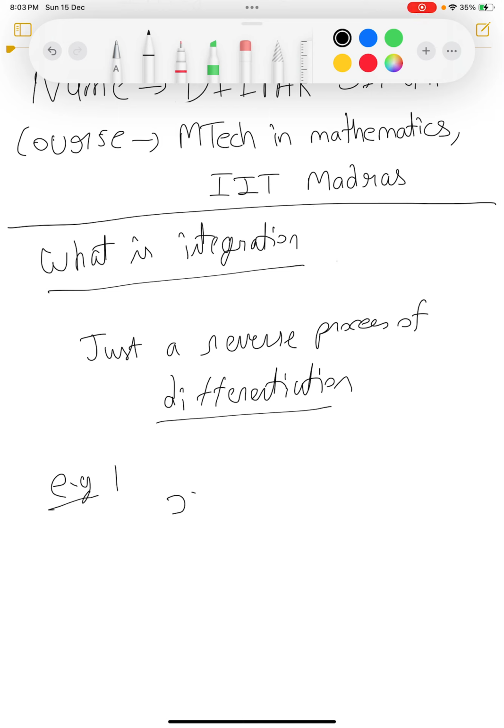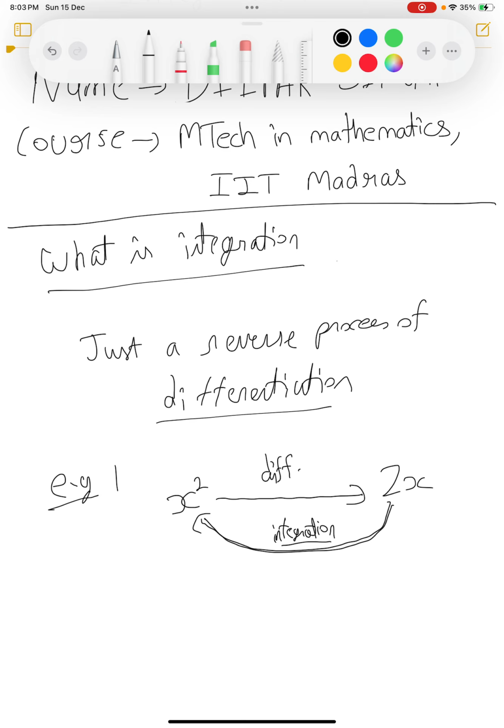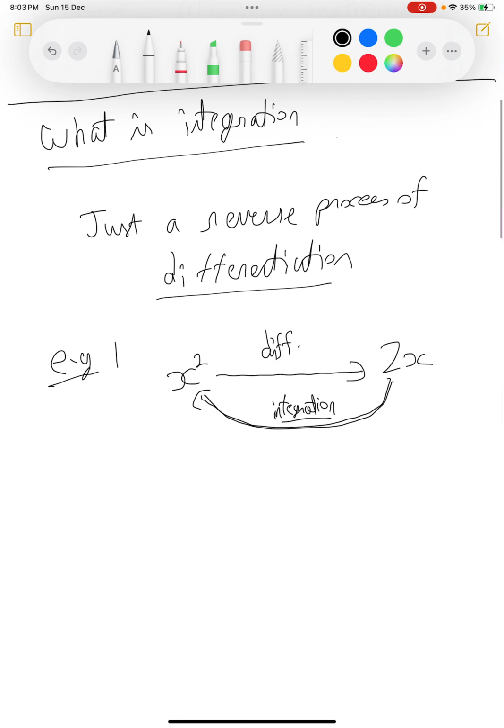If I have a function x square, now if I differentiate it, I will get 2x. Now my interest is to go back from this 2x to the original function. So this process is called integration. Again, take another example.